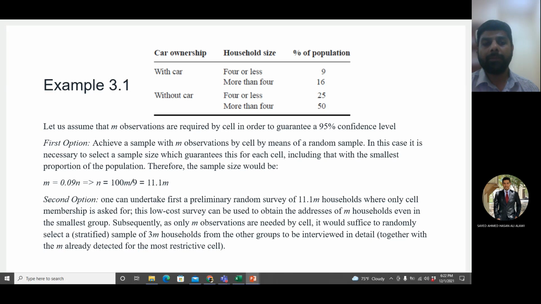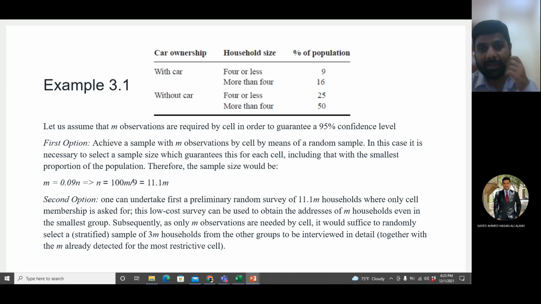We have people with car and without car, and then with car we have two types of households: smaller households which have 4 or fewer members, and bigger households which have more than 4 members. The smaller households with car are only 9%, big households with car are 16%, small households without car 25%, and big households without car 50%.